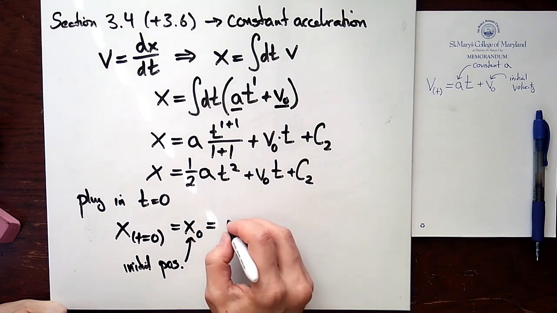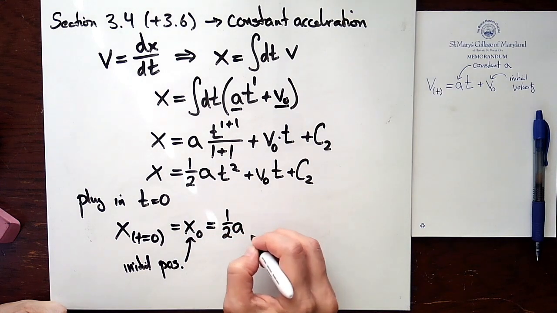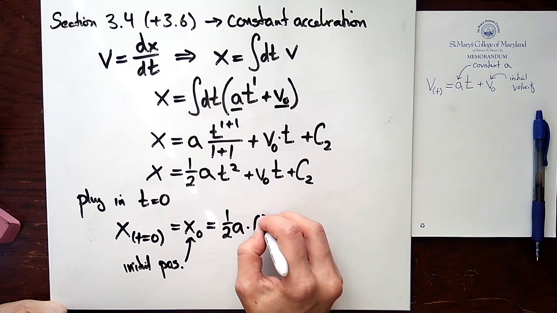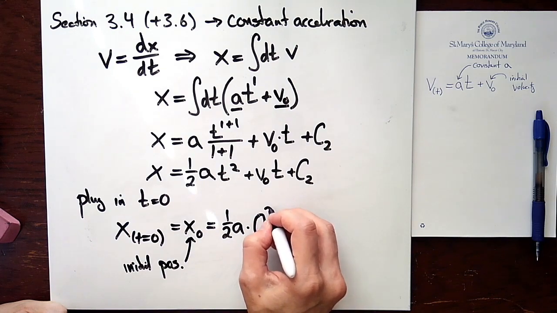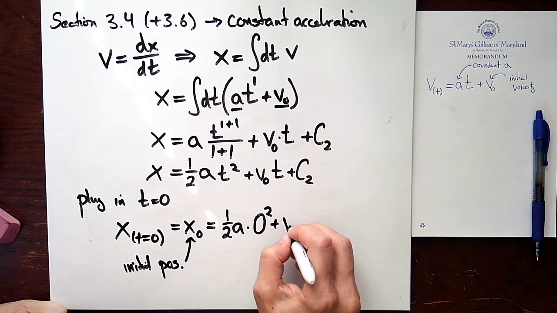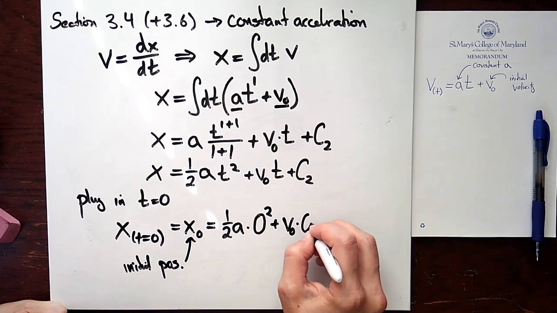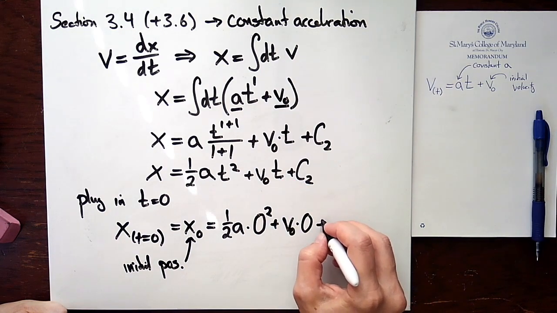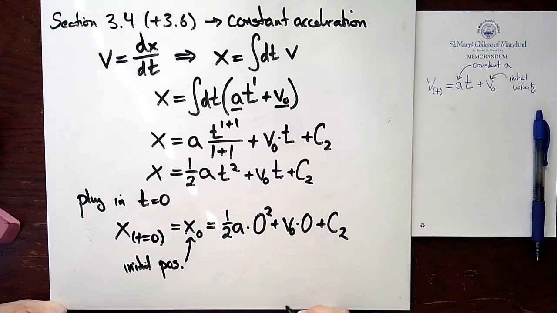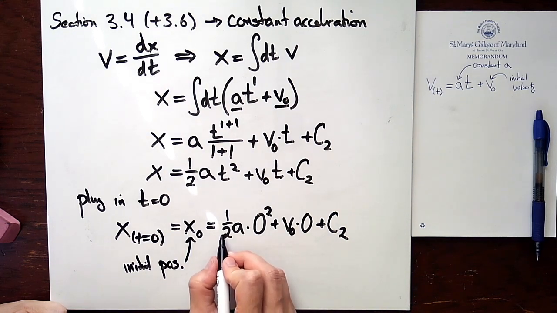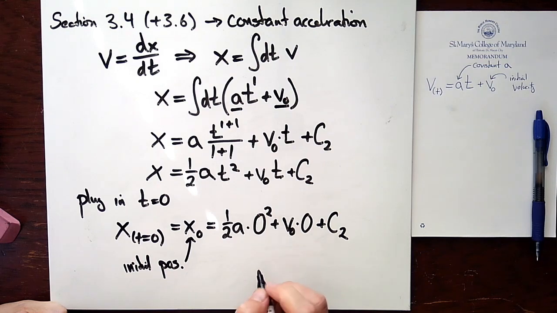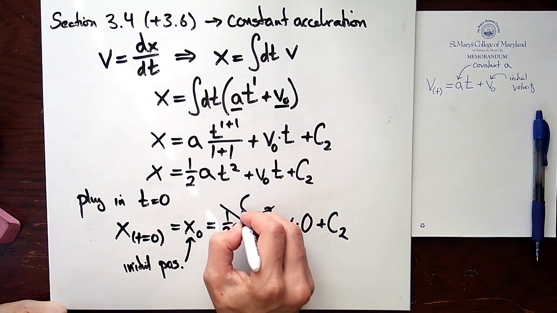And that is equal to 1/2 a multiplied by 0, because we're plugging 0 in for t, squared, plus the initial velocity v naught times 0, which we plugged in for t, plus the unknown constant c2. And again, we've got stuff times 0 squared, so that is 0.